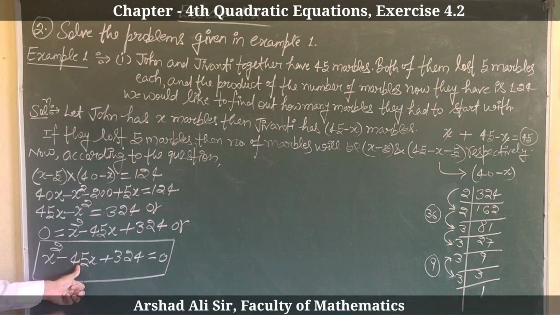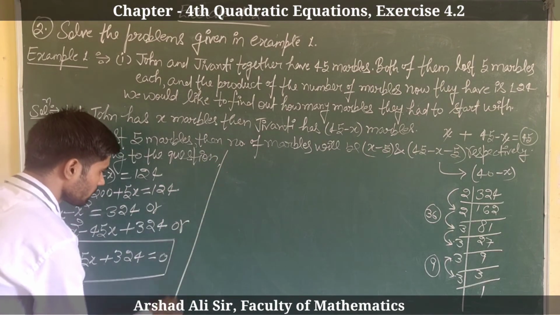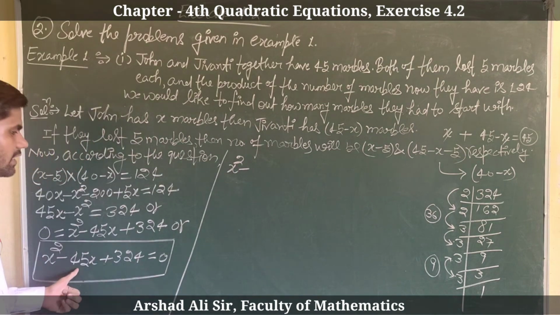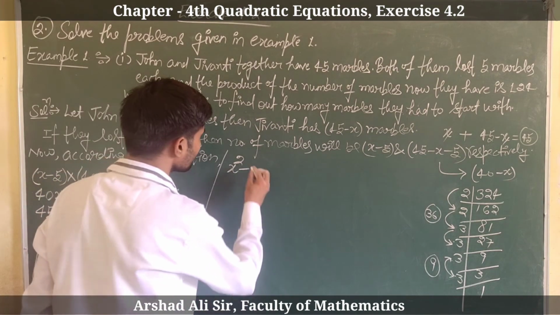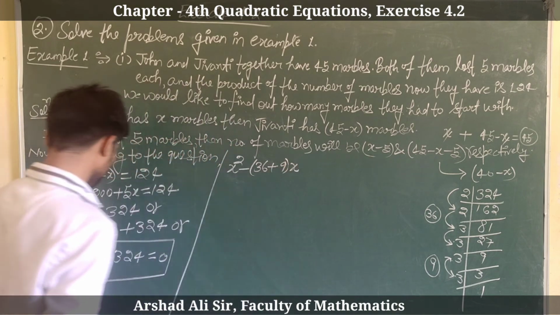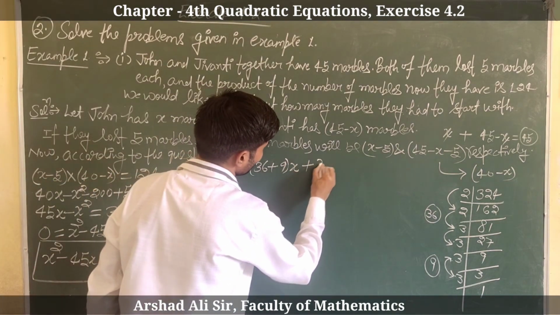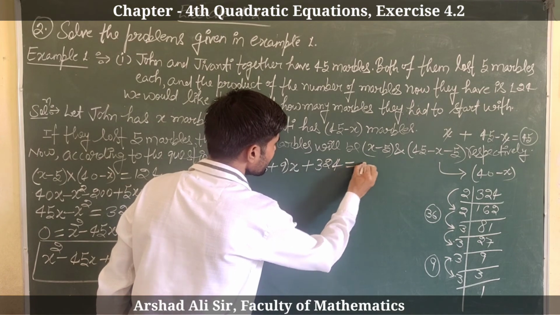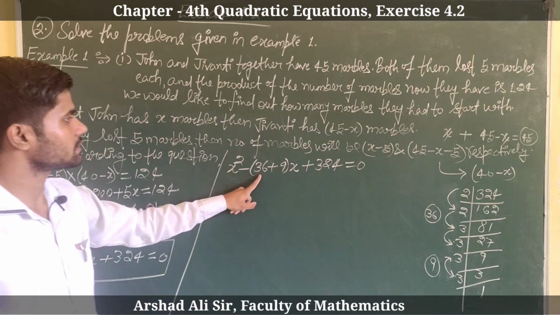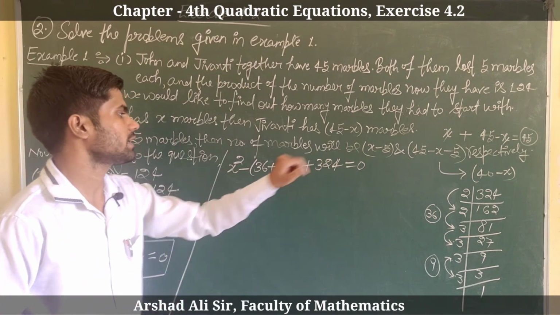Yes, we get the factors. Now we can solve x square minus, instead of 45 we can write 36 plus 9 into x plus 324. 36 plus 9 will be 45 and 36 times 9 will be 324.